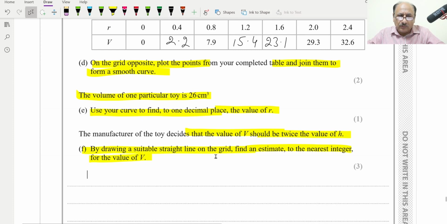The manufacturer of the tie decides that the value of V should be twice the value of H.